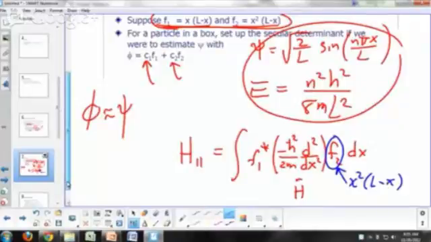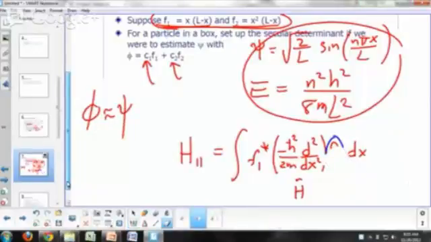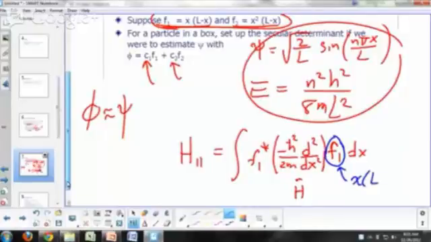I'm sorry, that's F1. Okay, that should be F1. Thank you. So that should be F1: F1 star h hat F1. So what's F1? It's x times (L minus x). So you substitute x times (L minus x) there.